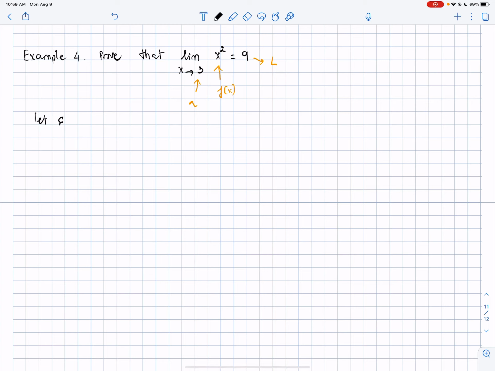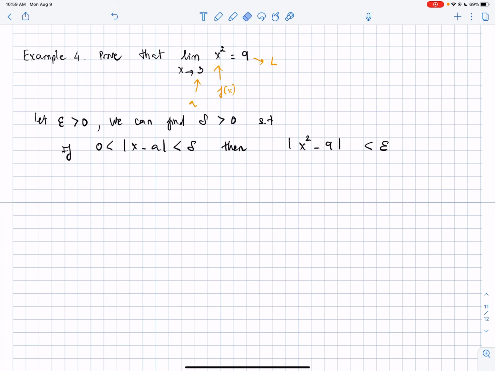So let epsilon be greater than 0, then we can find a delta greater than 0 such that if the distance from x to a is less than delta, then the distance from the function f of x to L is less than epsilon. So a in this case is 3.